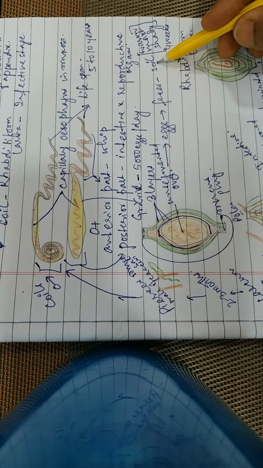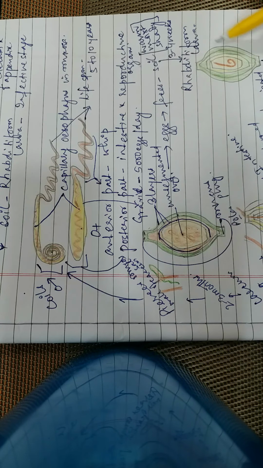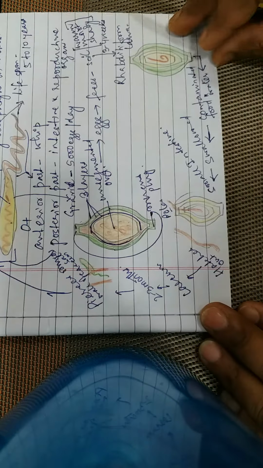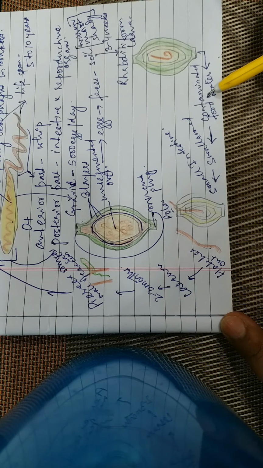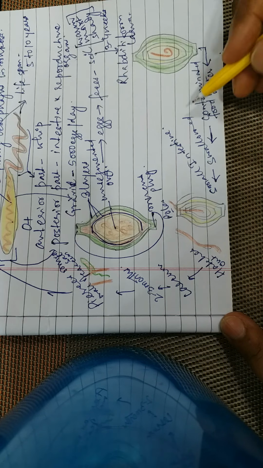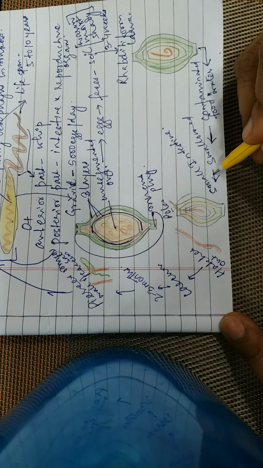It will reach soil in warm, moist and shady environment. This egg will develop into rhabditiform larva. This rhabditiform larva, if it contaminates food and water, goes inside the host through swallowing, reaches the small intestine.